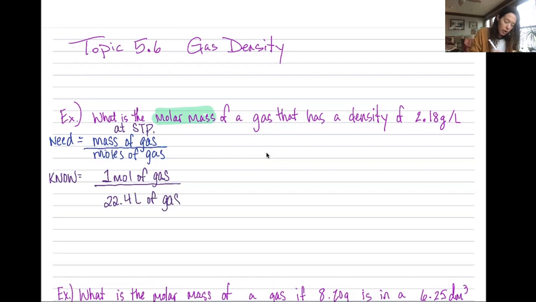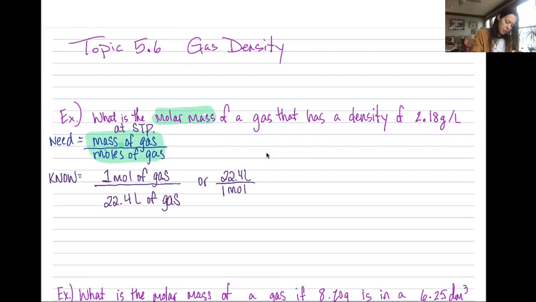Okay, organize your data. Or 22.4 liters is equivalent to 1 mole. Now, once again, we need the mass and we need the moles. We know that 1 mole is equal to 22.4 liters.